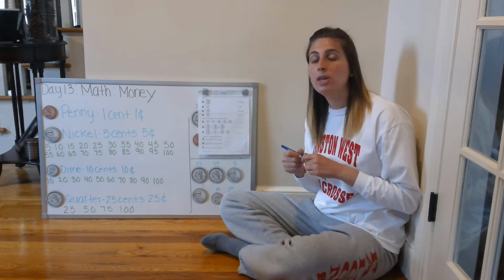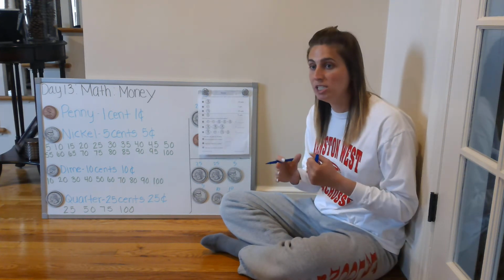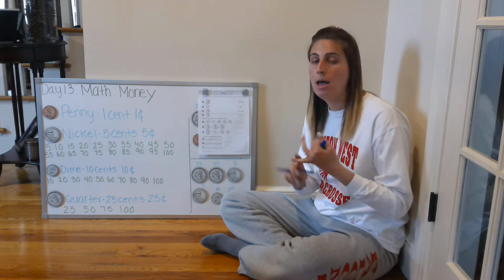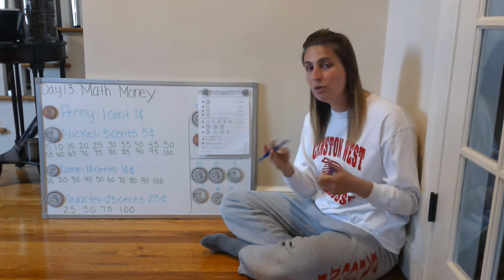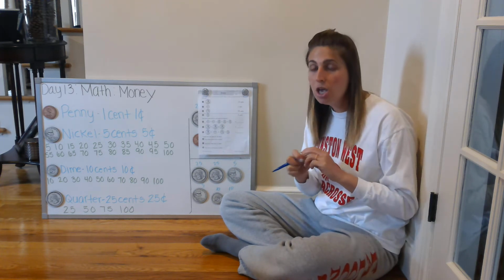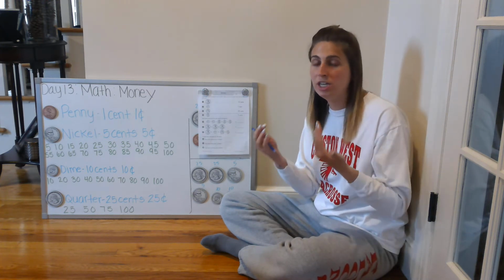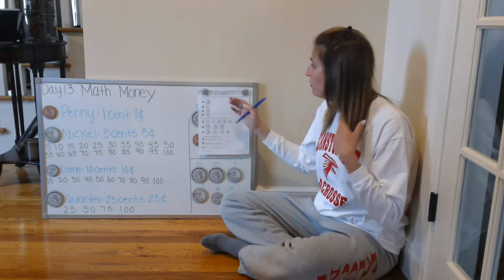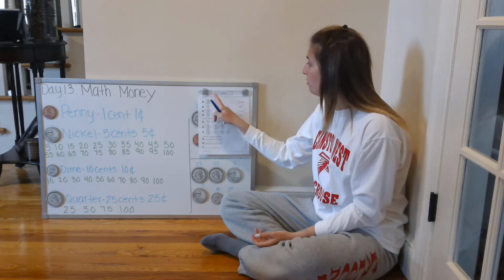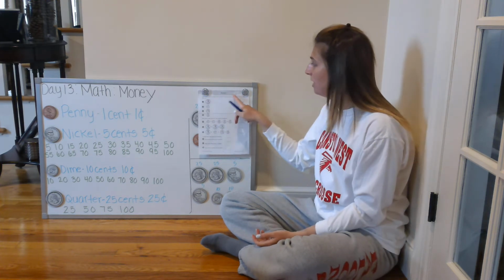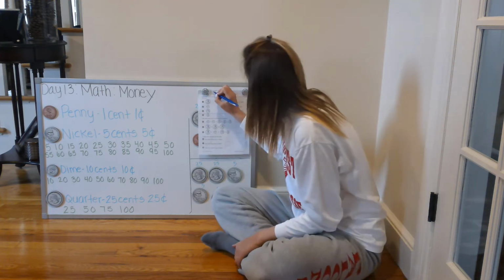If you need a little bit of extra time gathering all those materials, your worksheet, a pencil, and a calculator, you can pause the video here and then press play when you have all those materials in front of you. We're going to start by putting our first and last name at the top of our paper.